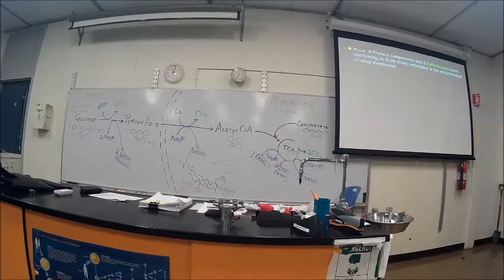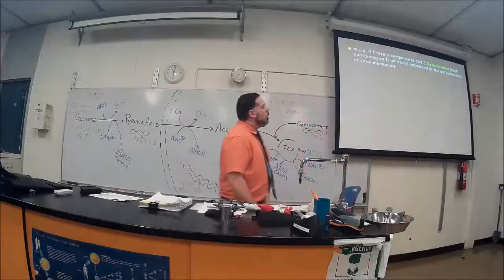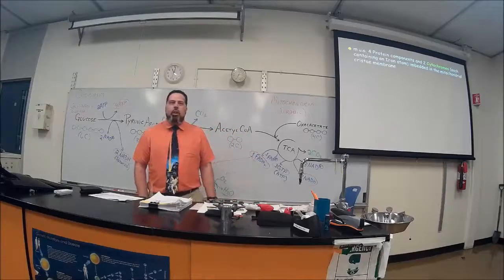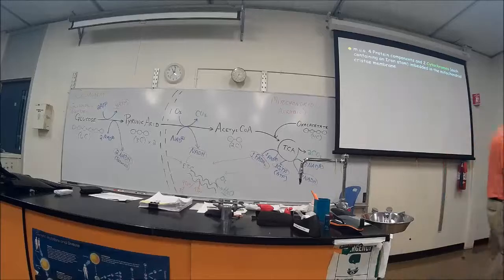So the electron transport chain is made up of 4 proteins, or 4 protein components, and 2 things called cytochromes. The cytochromes have an iron in it, which is another reason why you've got to have iron in your diet, right? Big picture.